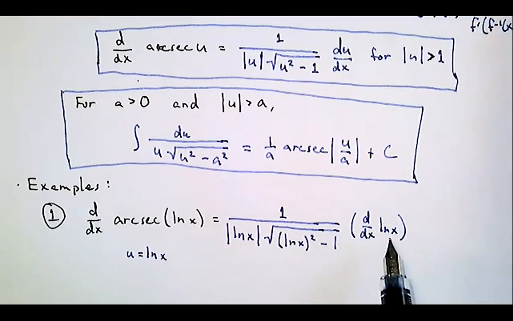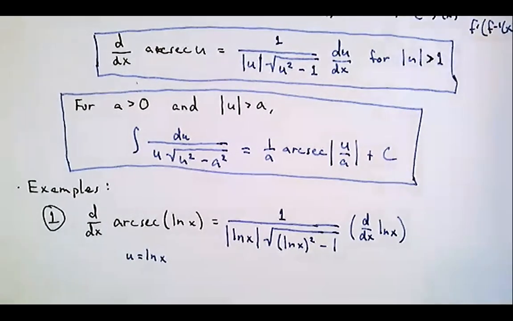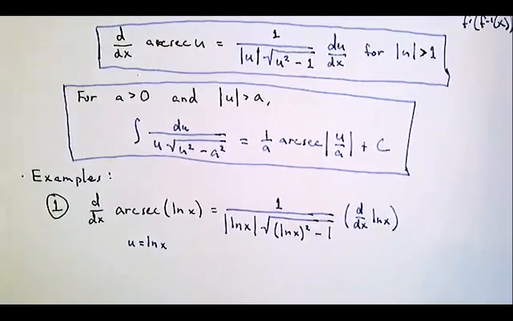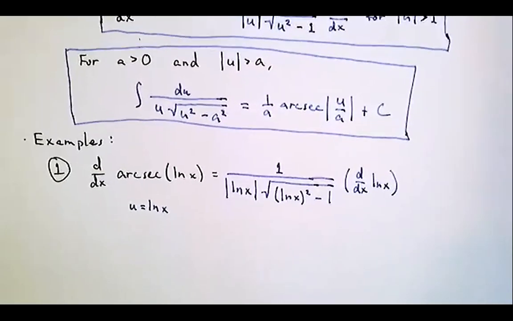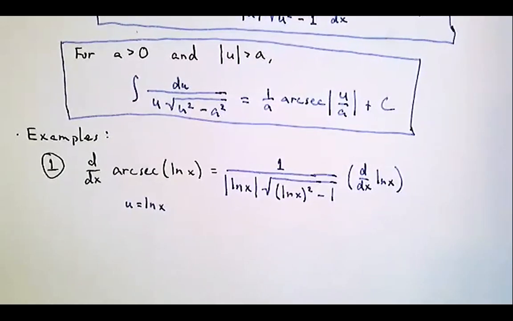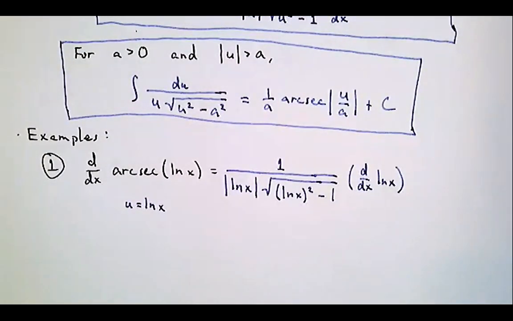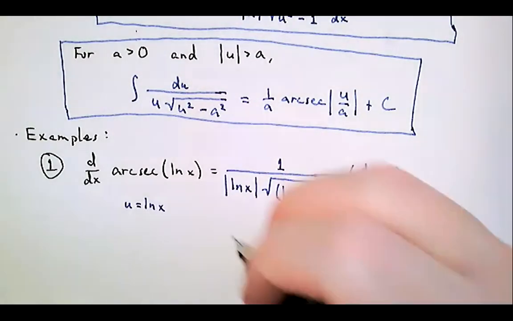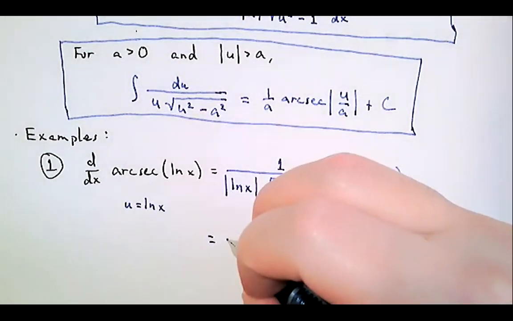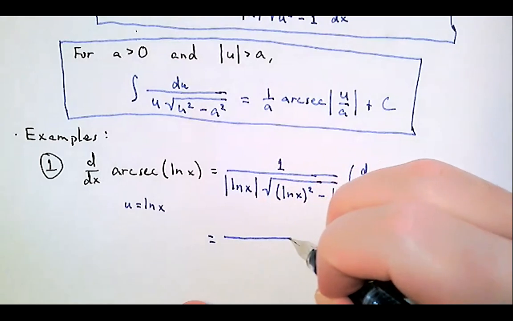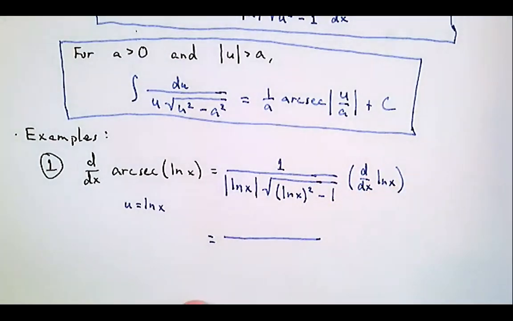What's this derivative, anyone? Right, I think you said 1 over x, right? Yeah, that's correct. Okay, so let's just write that on the next line down here. So we have this first kind of messy function.